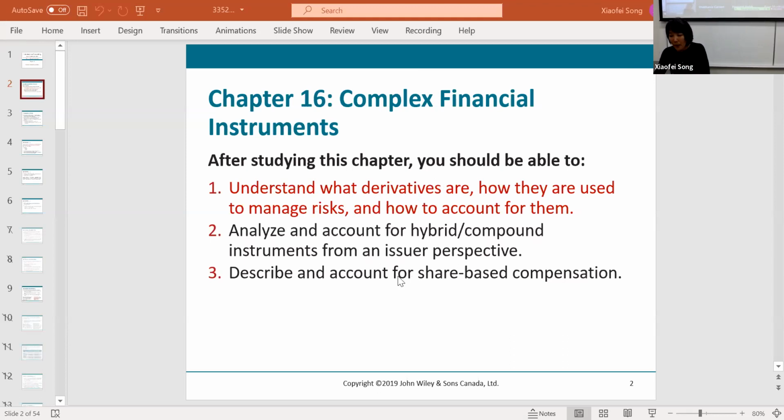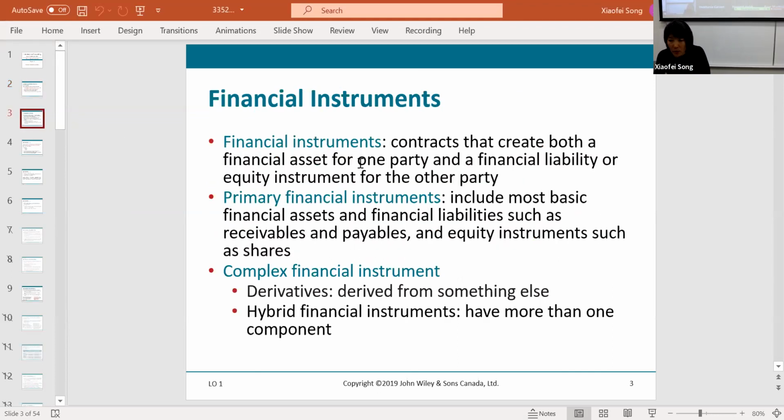The third one is when derivatives are used for compensation, stock-based compensation. We talk about a financial instrument as a contract, and the primary financial instruments we're familiar with include accounts receivable, accounts payable, notes receivable, notes payable, shares, and things like that.